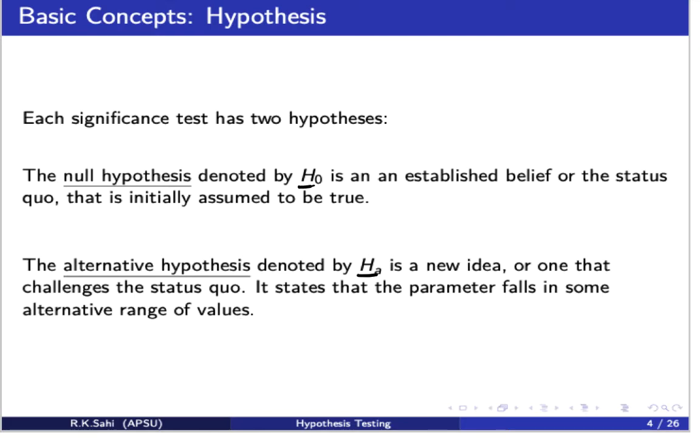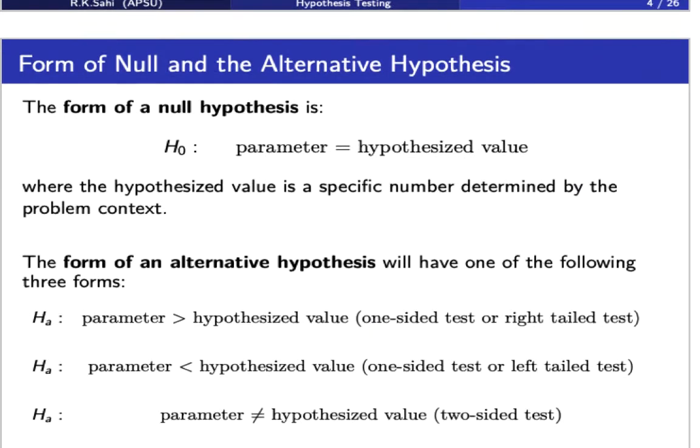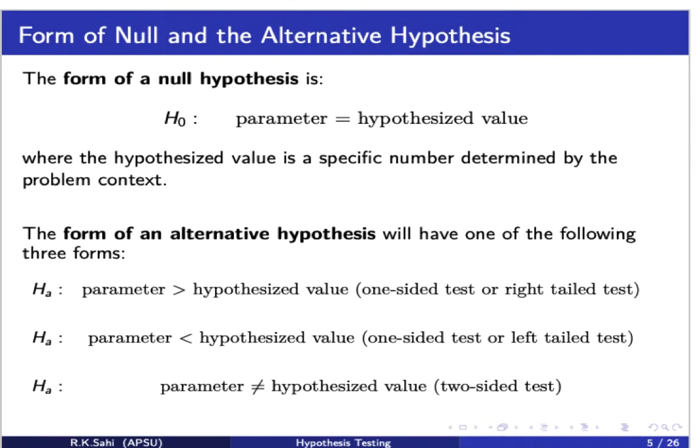Now, how do we write it down? That's the main important part. The null hypothesis is basically the parameter, which can be a proportion or mean, equals the hypothesized value. The most important part is the parameter and the equal sign. Now, there are three alternative forms for the alternative hypothesis.